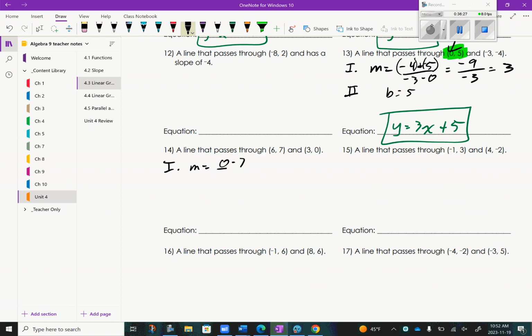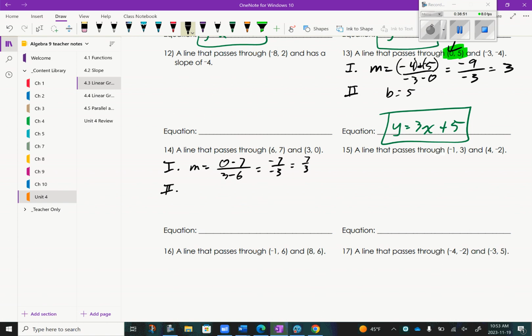So I'm going to take 0 minus 7 over 3 minus 6. 0 minus 7 is negative 7. 3 minus 6 is negative 3. Simplify that. Positive 7/3. I can't reduce it, but I know negative divided by negative should be a positive.